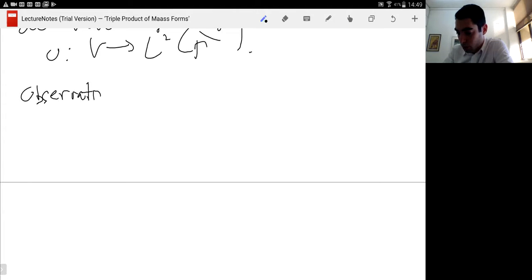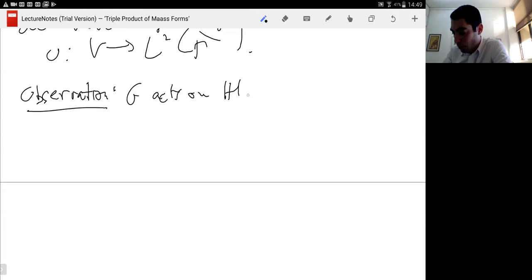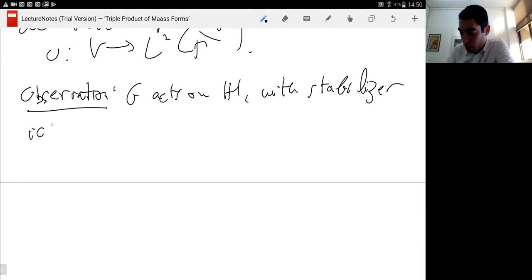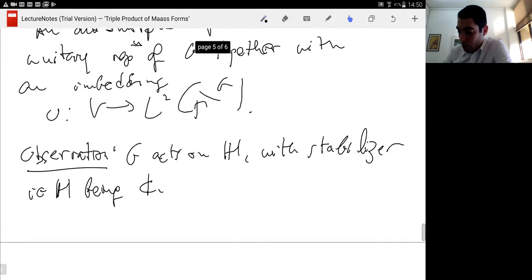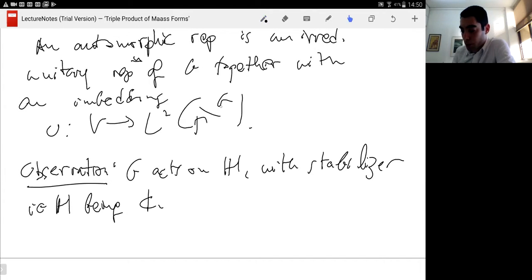Observation. G acts on H with the stabilizer of I in H being K. Okay, if we had chosen any other point, it would still be a maximal compact, of course. So now what are functions on H? They're just functions on G which are K invariant.